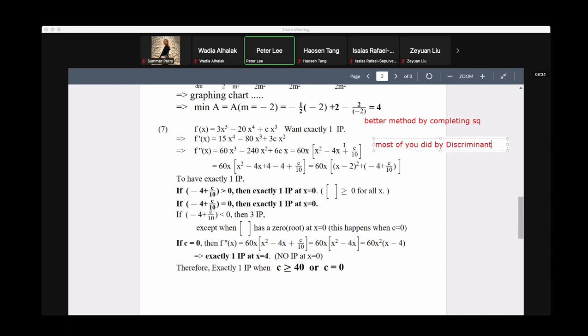But the only problem is, if you solve the problem by discriminant, you're not exactly sure what's going on. You cannot really see what's going on. The discriminant looks much easier, but if you do this by discriminant, you have to assume a lot of things. You have to already know all the rules behind.